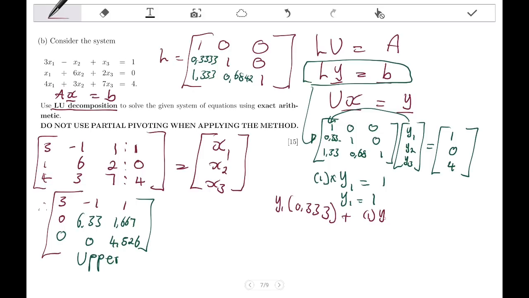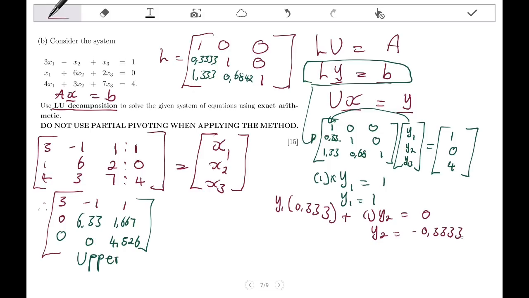Remember that y1 is 1, and if you transpose this to the other side, you will get y2 is equals to minus 0.3333, and that's your y2.